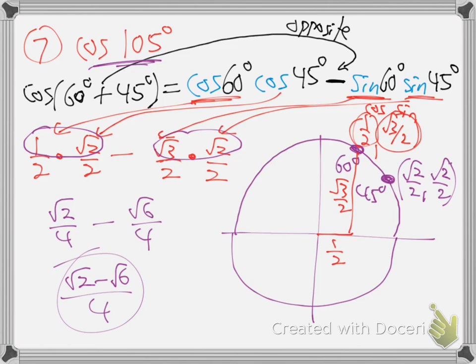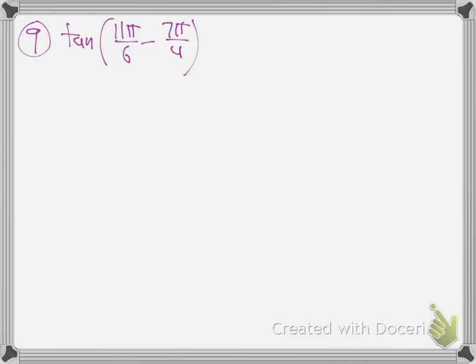Exactly. All right. Okay, so we do have a tangent formula. So I'm going to use the tangent formula. The tangent formula says that you do tangent on the top, and 1, and then a tangent on the bottom.